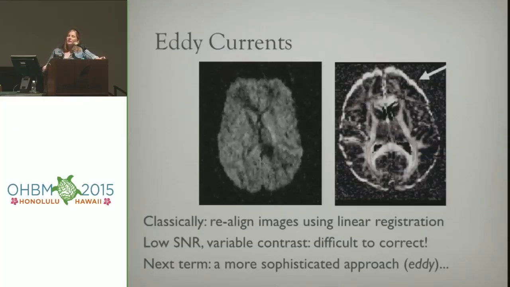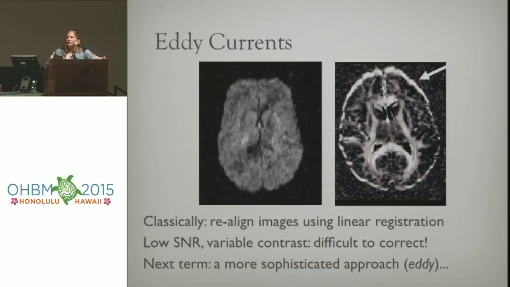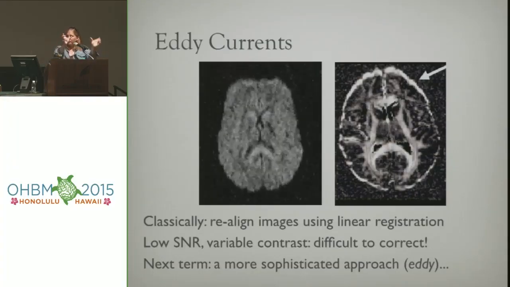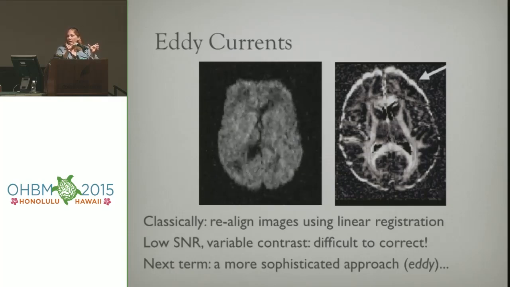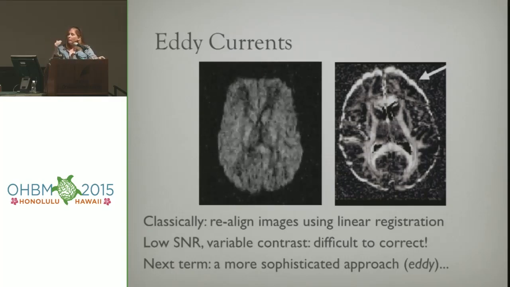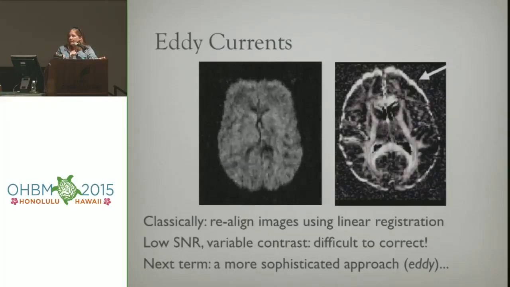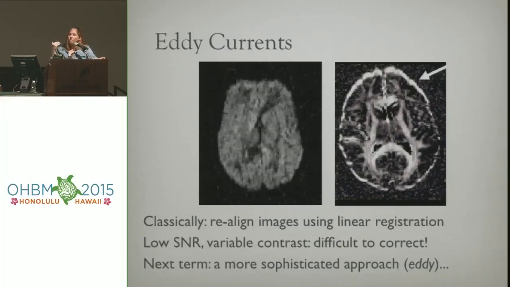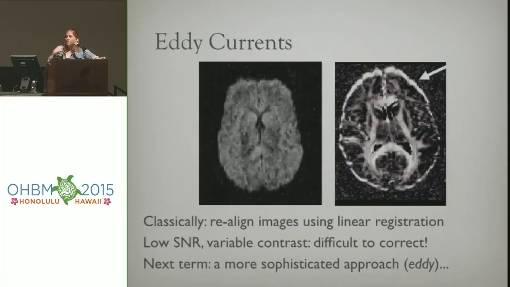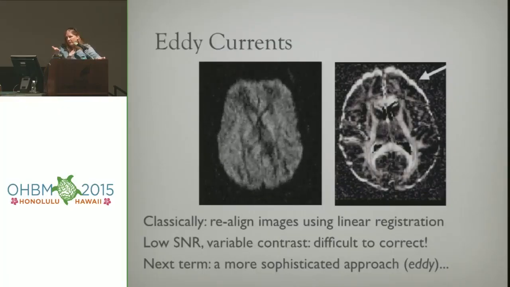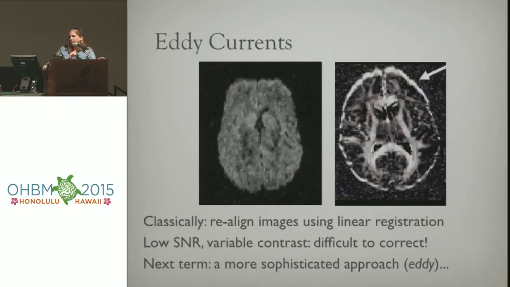So increasingly, I think people are going back to the original monopolar scheme where we just have those two gradients. What I would say is, unless you have a very good way of dealing with these effects, you probably want to use a bipolar scheme. But if you want to look into ways of correcting them in post-processing, you can reap the benefits of a boost in signal-to-noise level as a result.